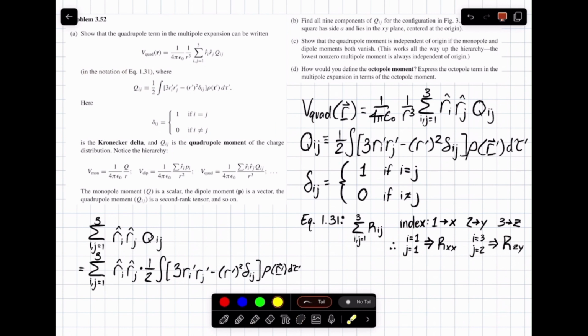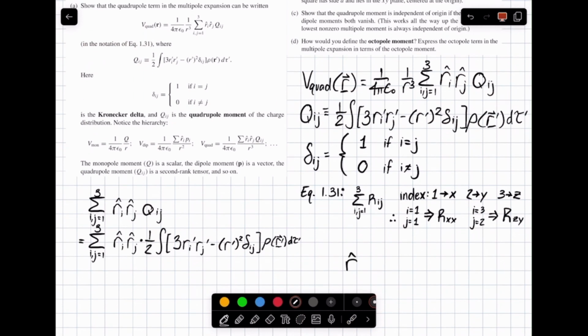And you'll also notice that when I've rewritten the quadrupole term and the quadrupole moment, I've underlined these vector quantities. I'm going to be doing that throughout the rest of this problem, just so I can communicate well what is a vector quantity and what is a scalar value. You'll notice that these r hat quantities do not have an underline, because we're not talking about the r hat vector.